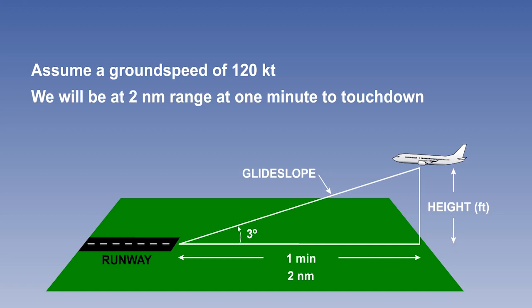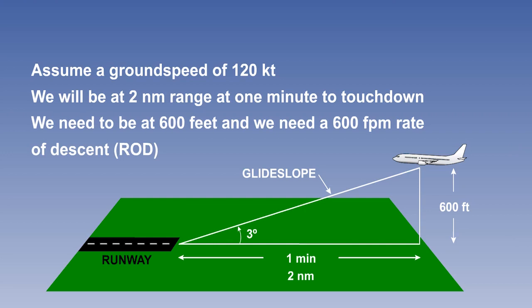So with a 3-degree glide slope, what height do we need to be? 600 feet. Therefore, with 1 minute to go to touchdown, we need a rate of descent of 600 feet per minute. At 60 knots ground speed, the required rate of descent was 300 feet per minute. At 120 knots, the required rate of descent is 600 feet per minute.